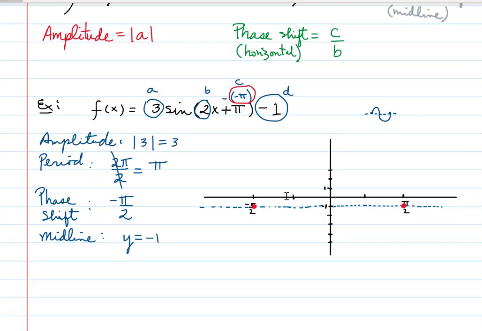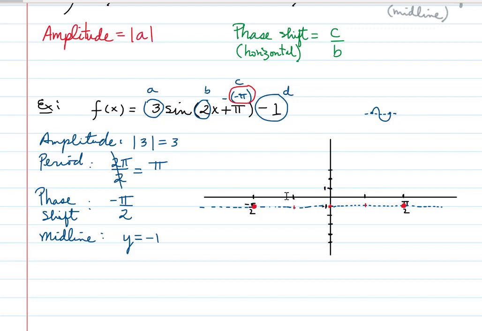So at this point, once I know the span of the one period, I like to take that interval from negative pi halves to pi halves on my midline and split it into 4 equal subintervals. In this case, it turned out to be pretty straightforward. You can clearly see where those breaks are.